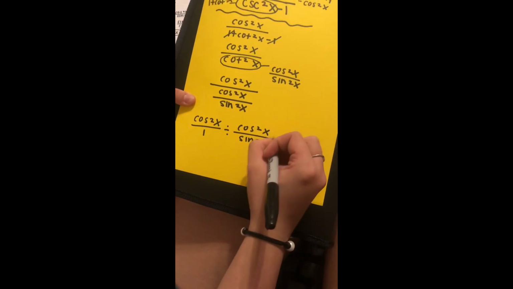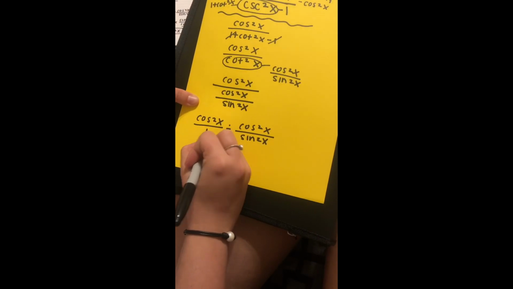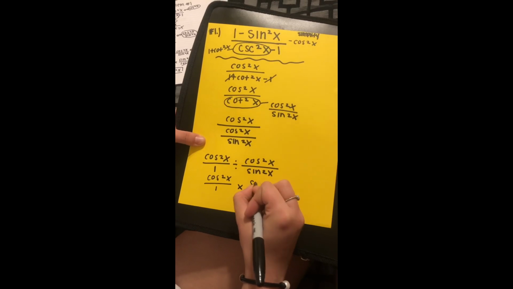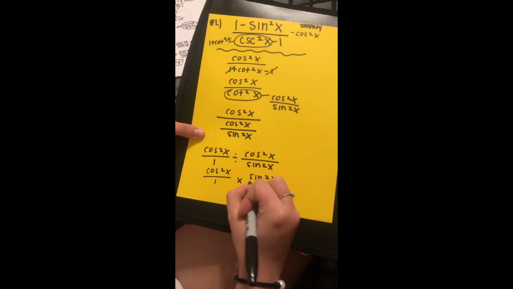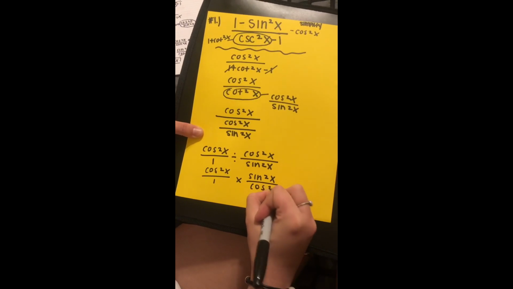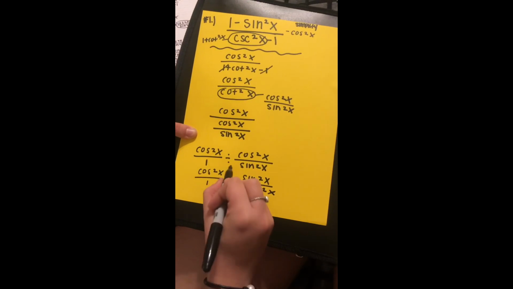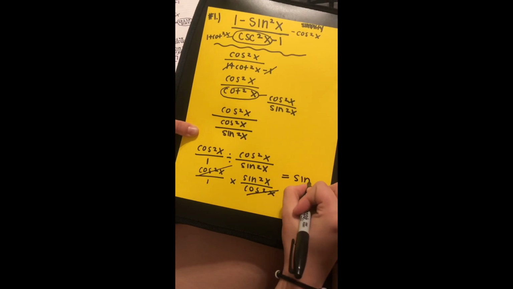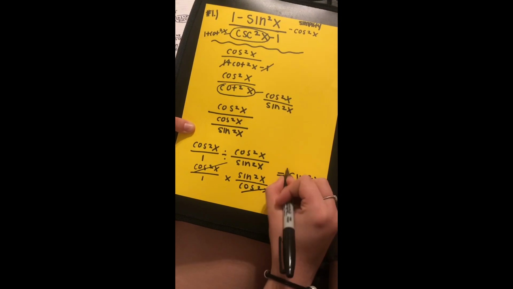And to multiply, you have to flip these. Cosine squared x over 1 times sine squared x over cosine squared x. These two cancel, and you're left with sine squared x.